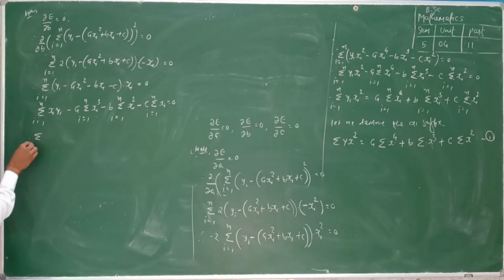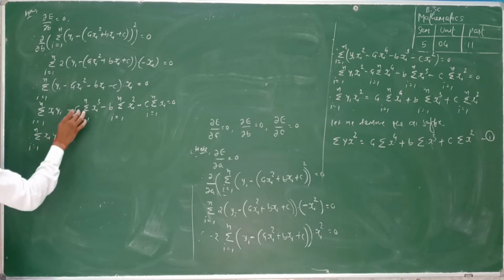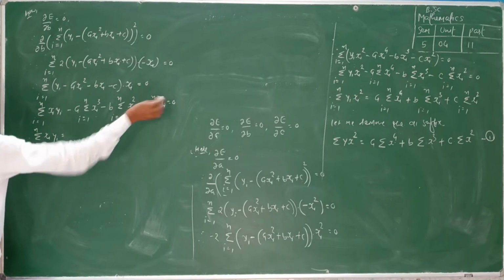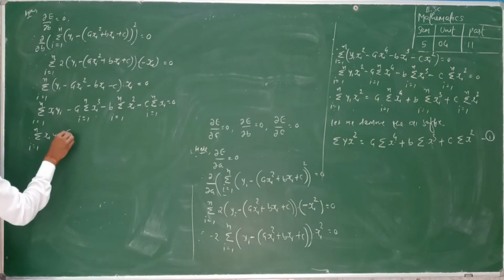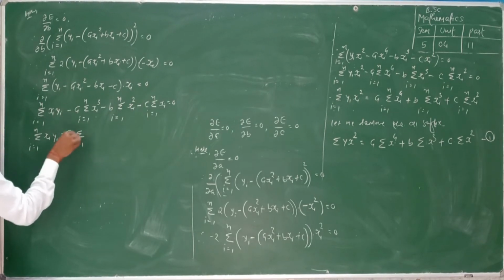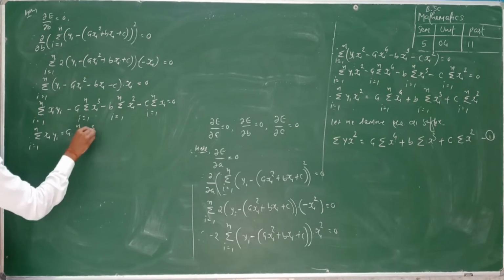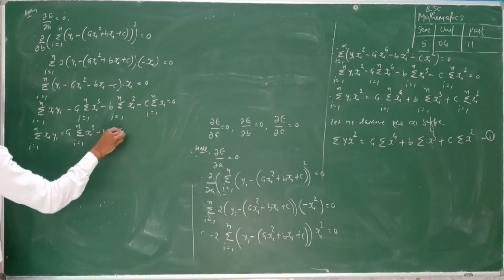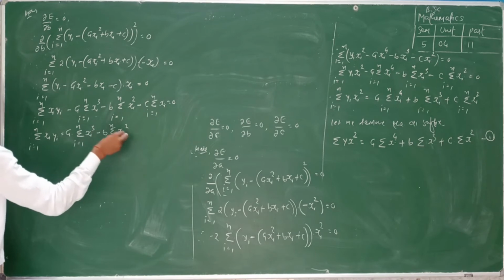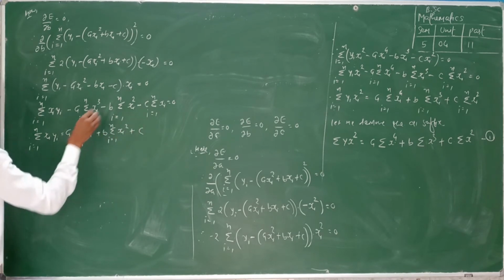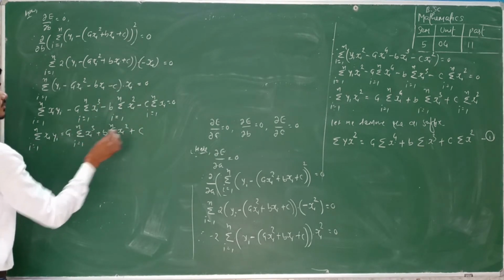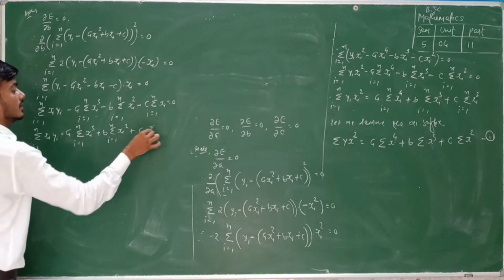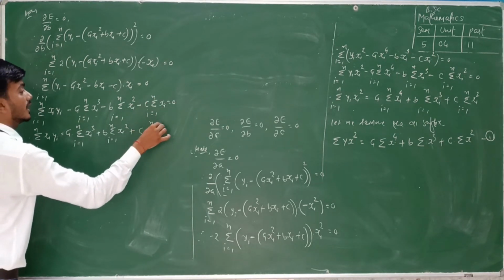So sigma i = 1 to n xi and yi, and the 1, 2 and 3 terms are written on the right hand side, so this is plus i = 1 to n xi cube, here i = 1 to n xi square, plus c sigma i = 1 to n sigma xi.